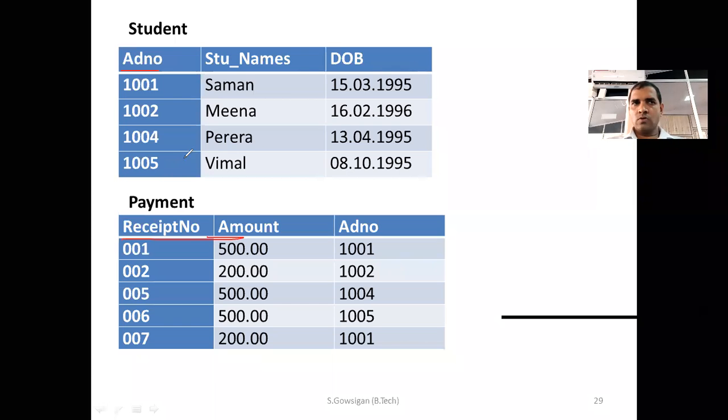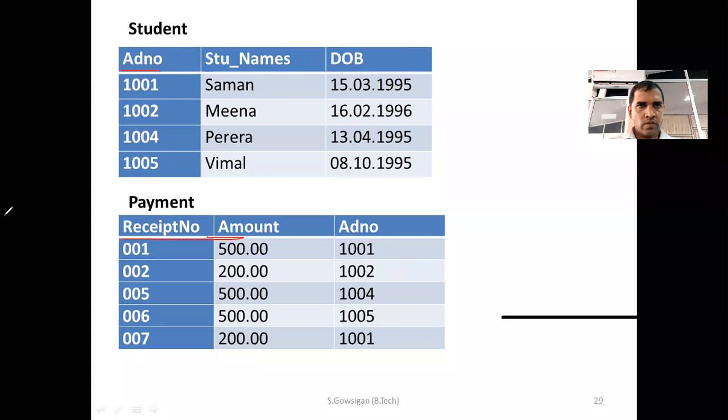If you understood my explanation, now you can easily find out the foreign key, right? So let me find that with the help of you. I'm not going to find this out myself.